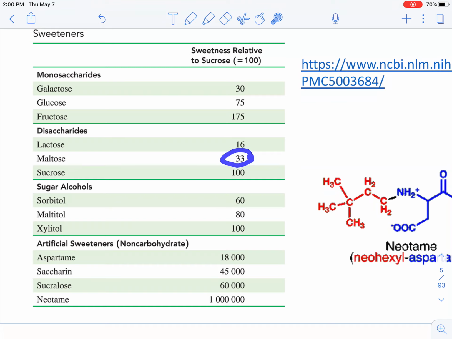And so its relative sweetness is 33 compared to sucrose, which is 100. So maltose is a lot less sweet than, for example, sucrose. However, maltose is definitely sweeter than lactose. Lactose is the primary sugar that's in milk.